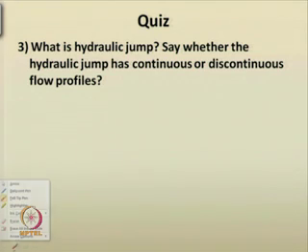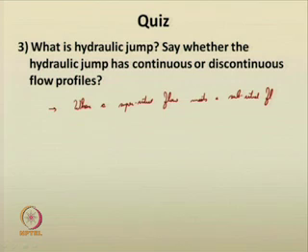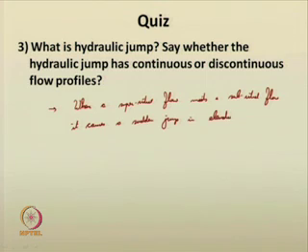We can suggest that again. Hydraulic jump is defined as when a supercritical flow meets a subcritical flow, it causes a sudden jump in the elevation of the water surface.